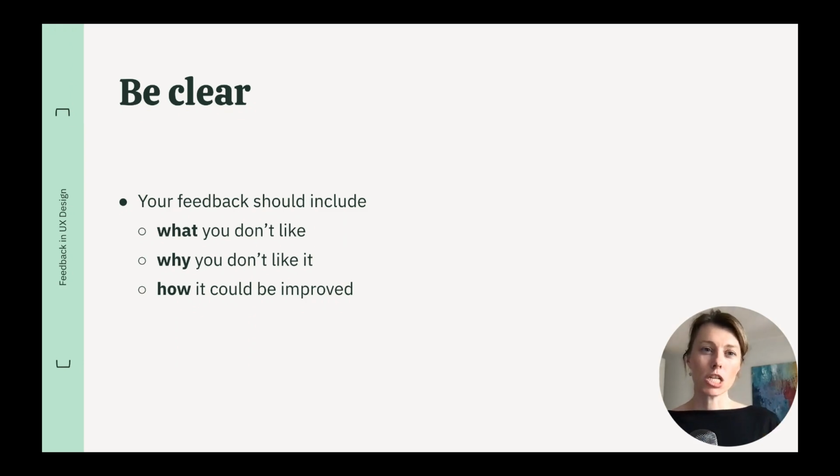And then potentially layer on there how it could be improved if you see something. But don't just start with a solution without going through the what and the why. And don't just stop at the thing that you don't like, but try to be more specific about why you don't like something.